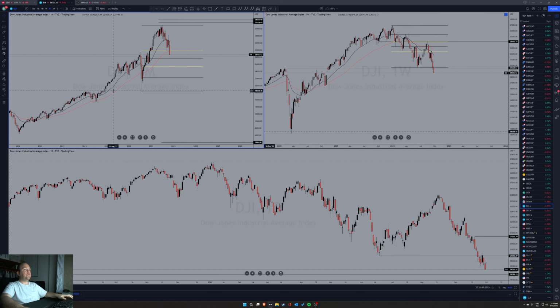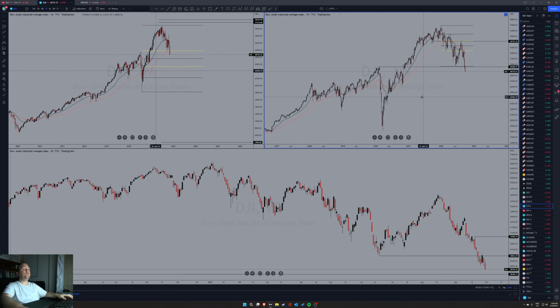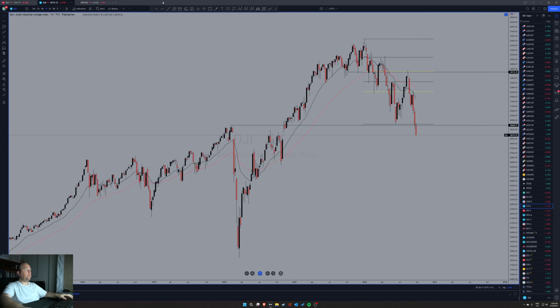So, Dow Jones. Now, this is why it's also time to do a video, because you can see here, you draw in Elliott waves. This is an intermediate wave 1 to a 2, and then we're in a 3 here, 4, 5 possible. March of 2020 lows or lower, right?